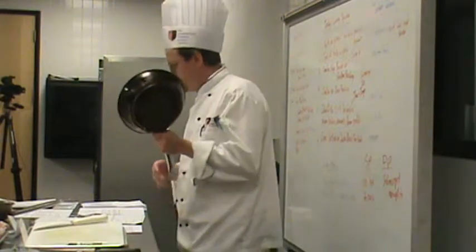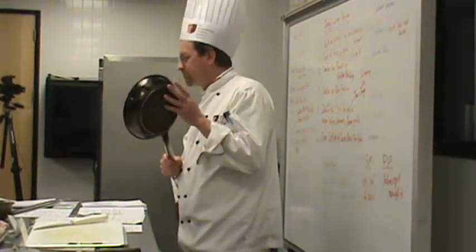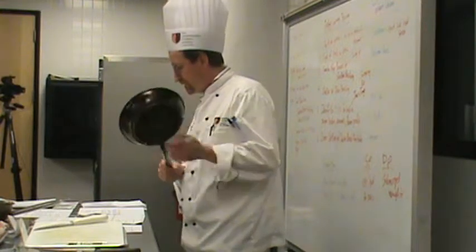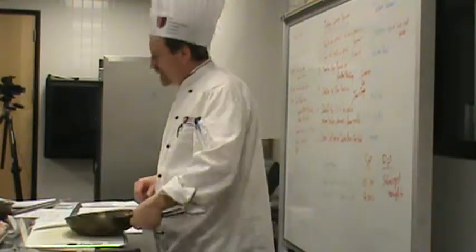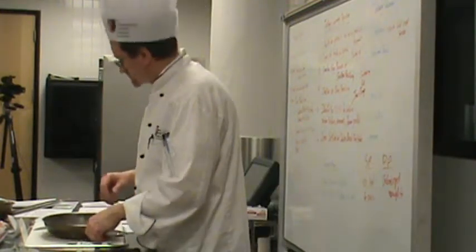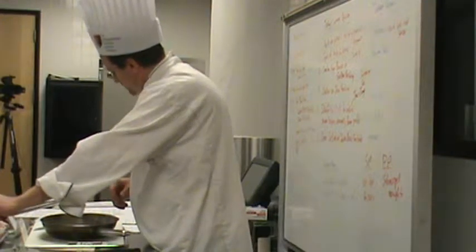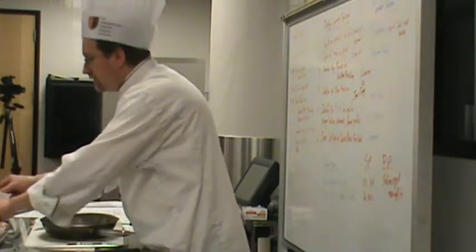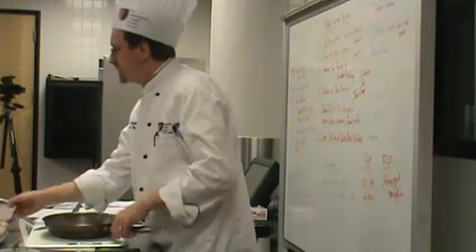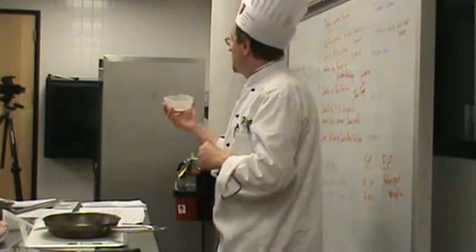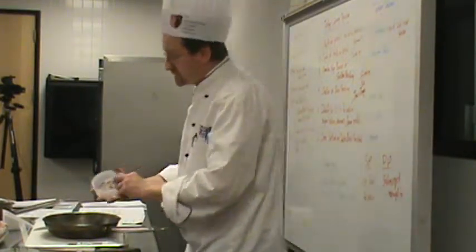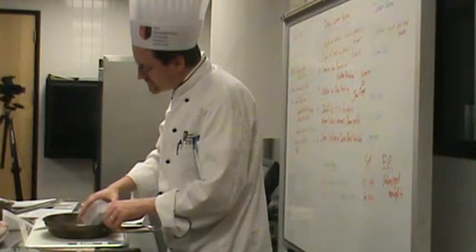The next step, after we've picked the appropriate pan and put the butter in the bottom of the pan, is to add our aromatics and also the chicken that's going to go over the top. Our aromatics today are minced, chopped shallots. We're going to put that into the bottom of the pan.